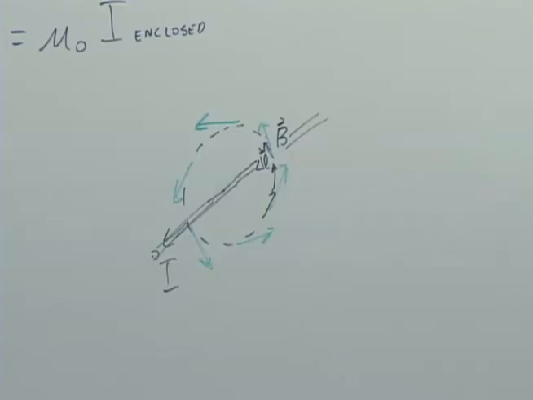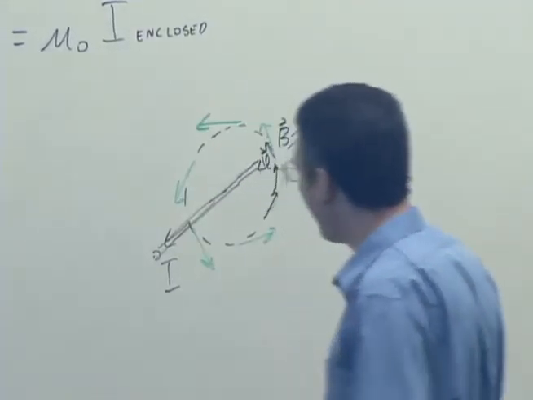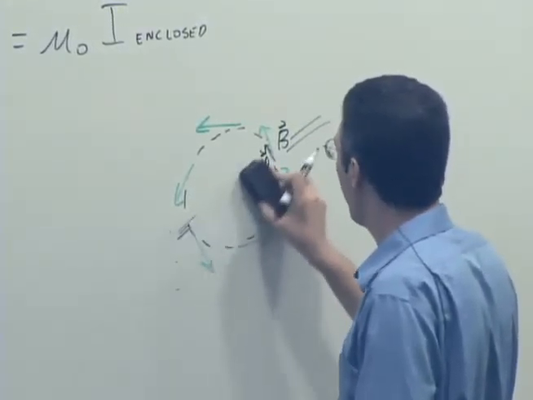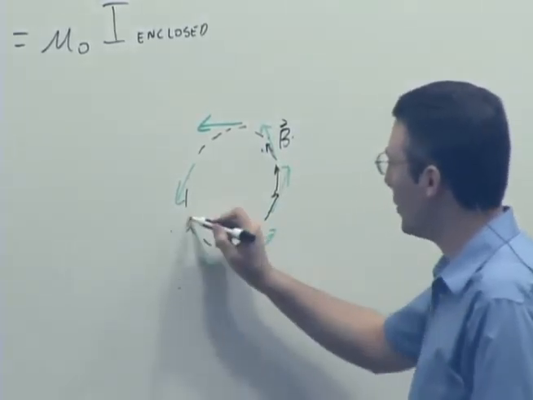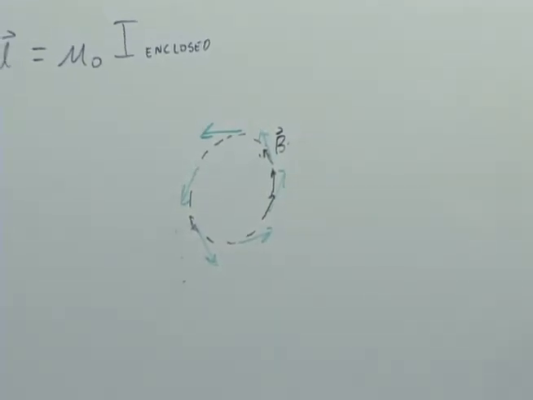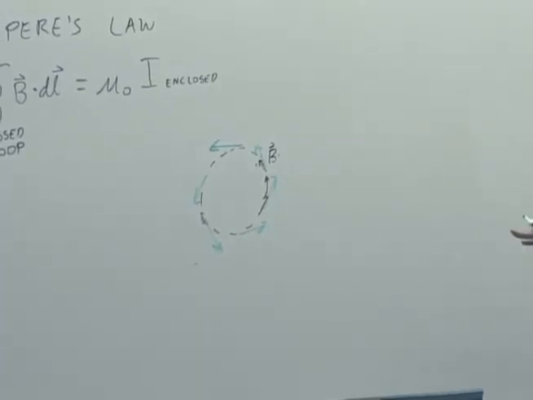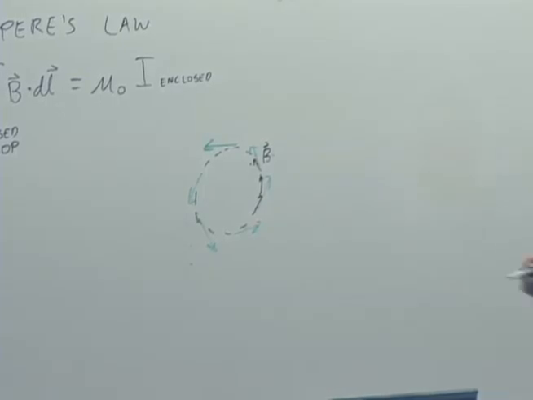There's a directional issue here, which we didn't mention last time. If you choose a path that's counterclockwise, for example, and the path integral is something that the direction you can choose yourself, and you get a positive number, what's that telling you about the direction of the conventional current?